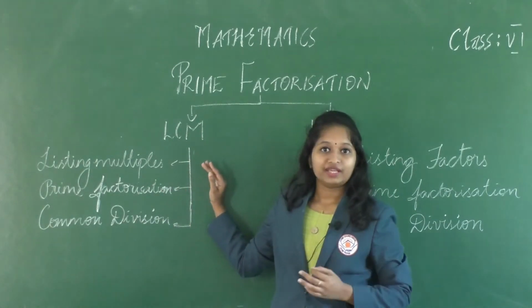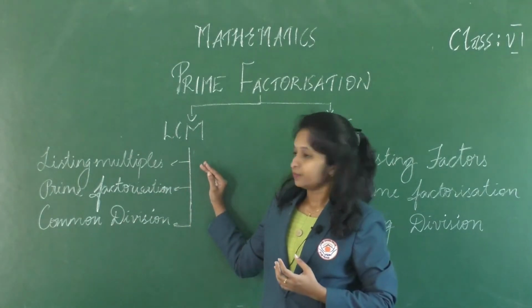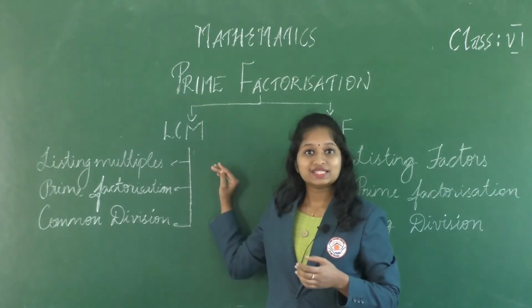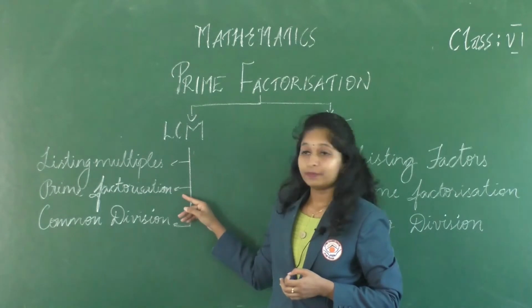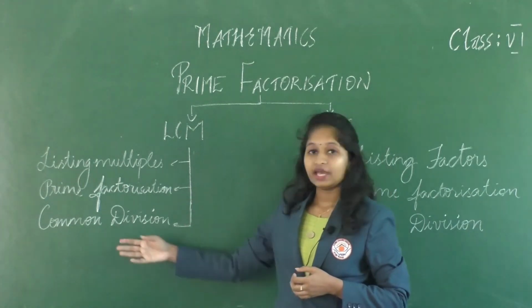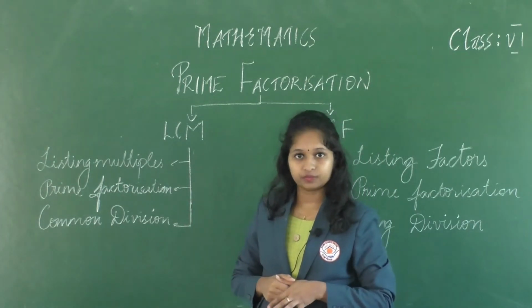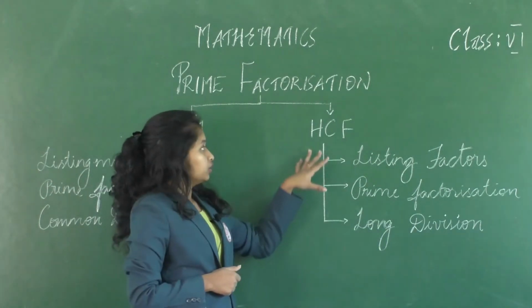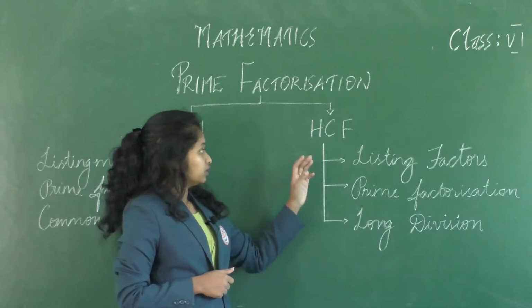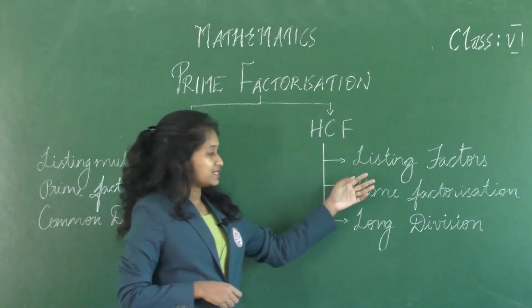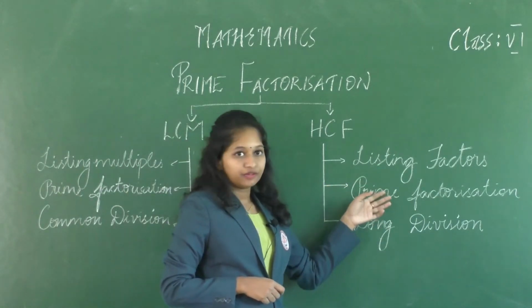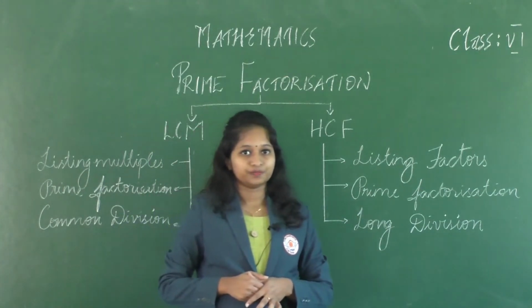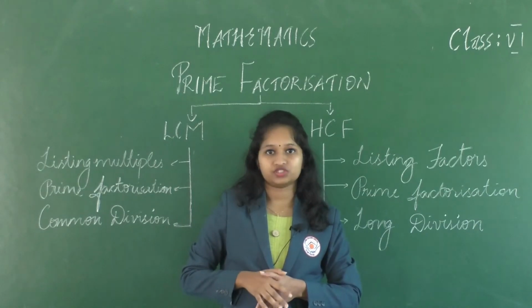We can find LCM of numbers by three methods: listing multiples, prime factorization, and common division method. And to find HCF, there are three other methods: listing factors, prime factorization method, and long division method. Let us learn in detail about it.